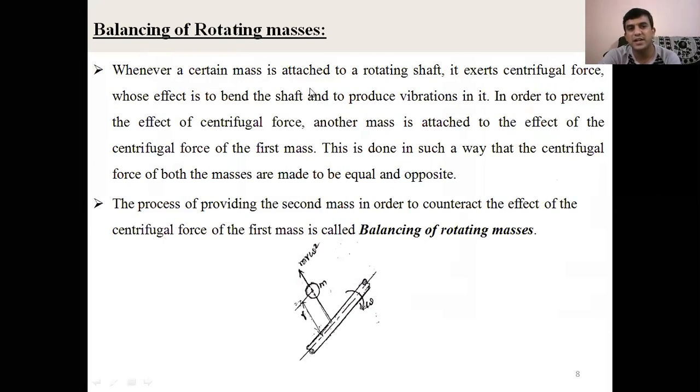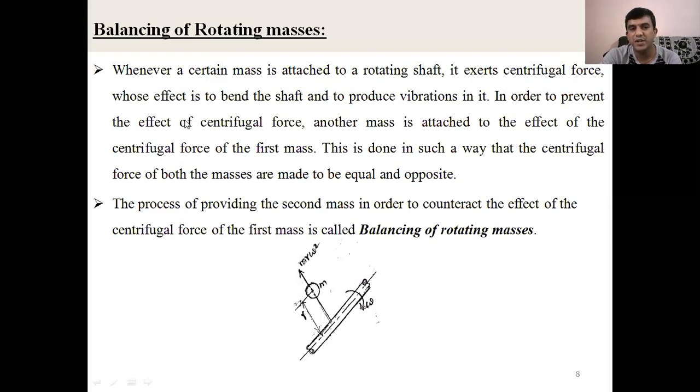Whenever a certain mass is attached to a rotating shaft, it exerts a centrifugal force. In general, its magnitude is m r omega squared. It acts radially outward, and its effect is to bend the shaft and produce vibration in it.